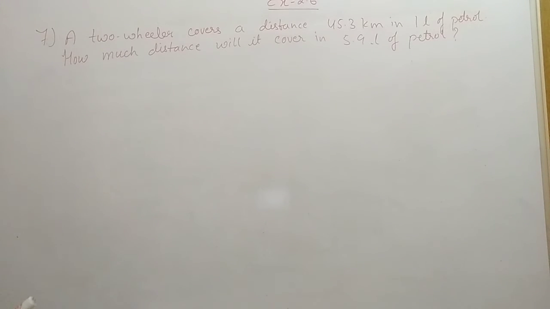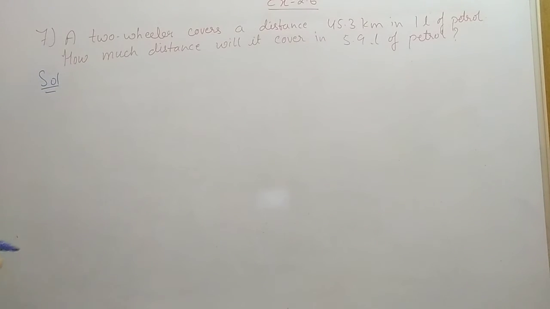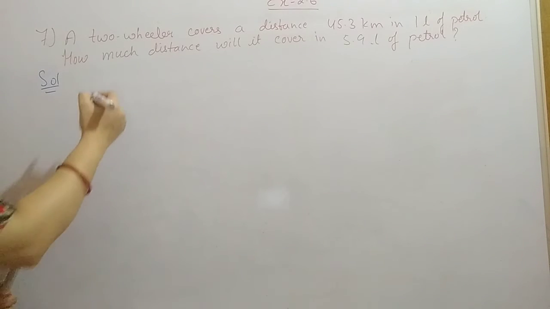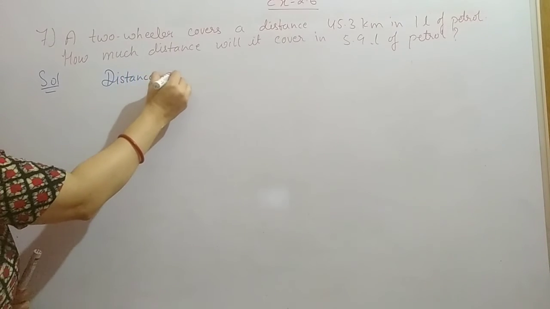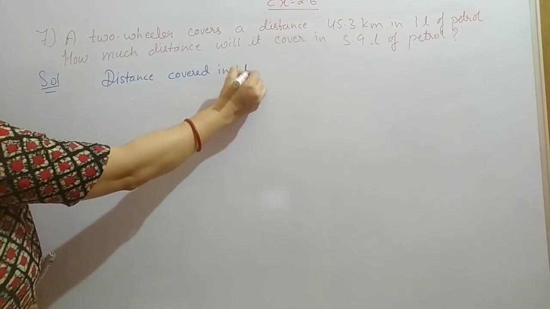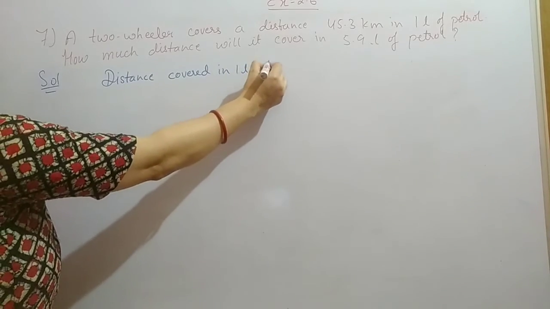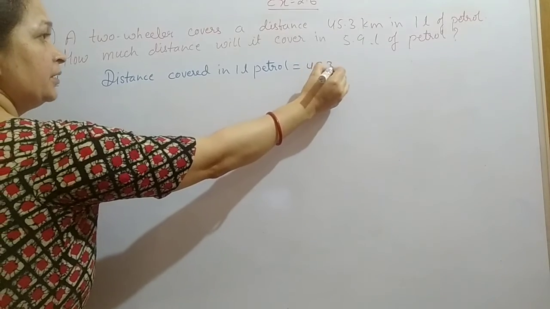Next, question number 7. A two-wheeler covers a distance of 45.3 km in 1 liter petrol. How much distance will it cover in 5.9 liter petrol? So distance covered in 1 liter petrol is equal to 45.3 kilometer.